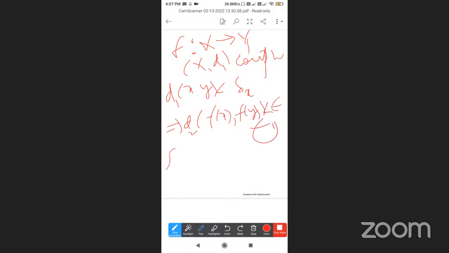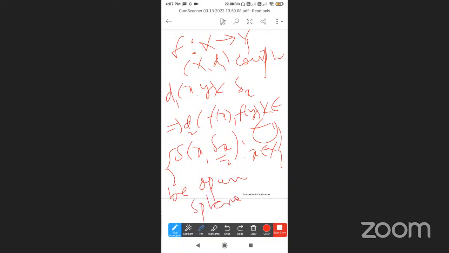The set of open spheres S of x comma delta x by 2, such that small x belongs to capital X, is an open cover of X.